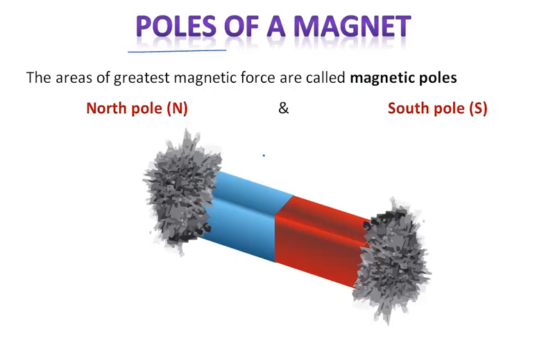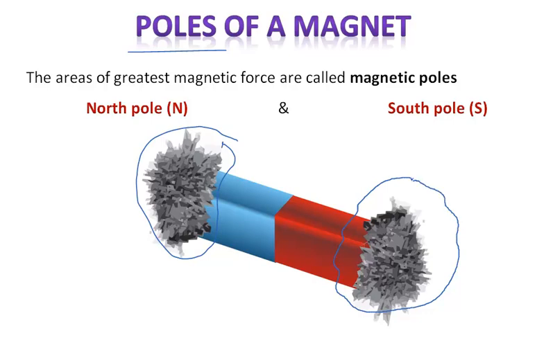Now, you have seen that when iron filings are kept and you place a magnet near them, the extreme ends of the magnet attract the maximum amount of iron dust or iron filings.